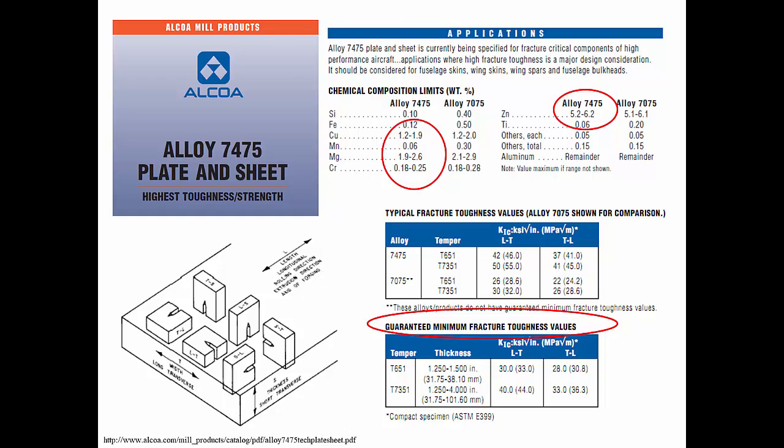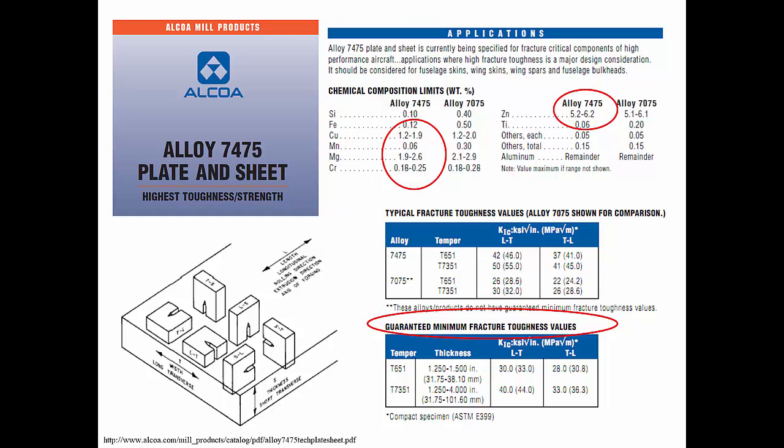So now that we have seen exactly how the measurement of fracture toughness is done and the peculiarities in the process, let's see also some other interesting practical aspects related to fracture toughness.